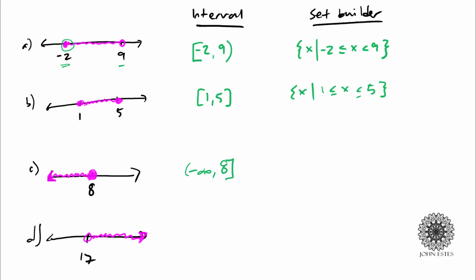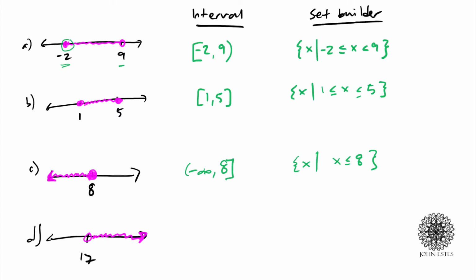In set builder notation, I do my braces. This looks like all the x's where the only condition I have to meet is x is less than or equal to 8. Because we're always greater than negative infinity, I don't even need to write that out.